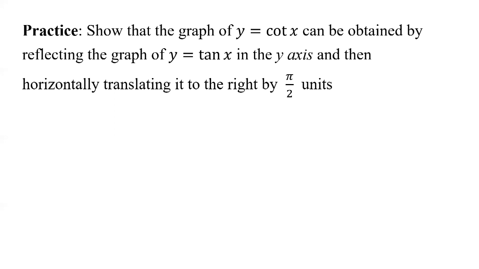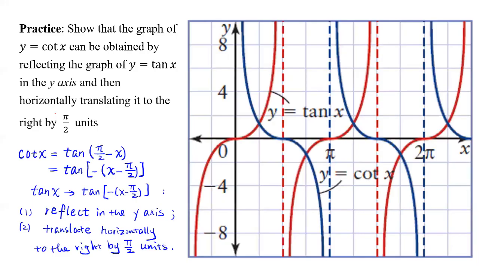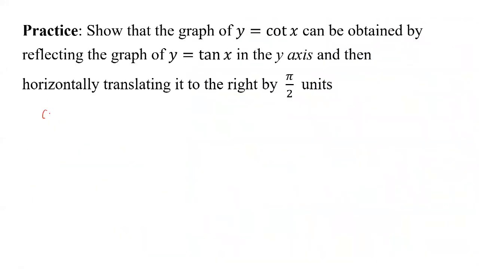All right, so let's have a look at solutions. So note that cotangent x can be rewritten as tangent of half pi minus x, right? This is according to the cofunction identity, which is tangent of minus x minus half pi, right?